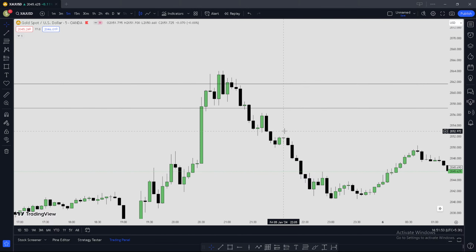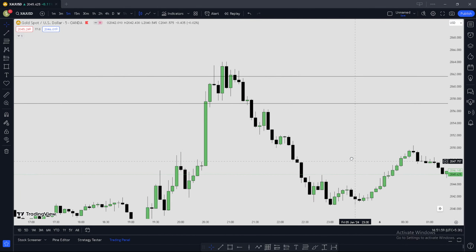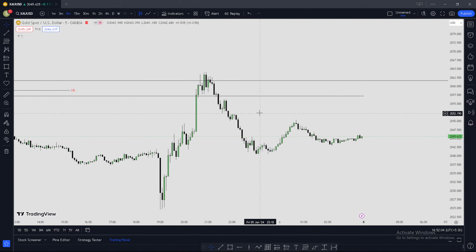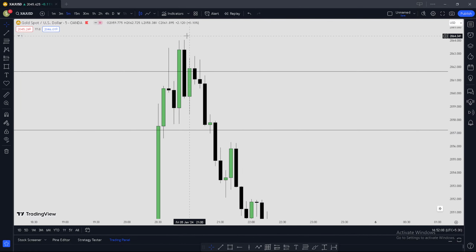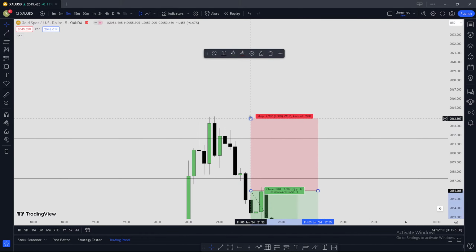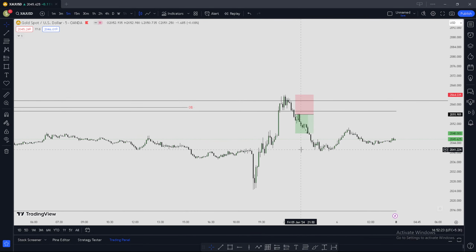Okay, so on 5 minute time frame, actually we saw a good down move, again a break of structure, and an entry over here. I don't know how this thing will turn out. A good down move. We saw this fair value gap as well, on which we should have taken our trade, with 800 pips SL.